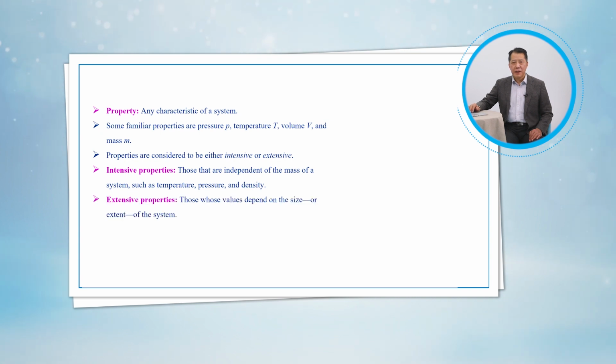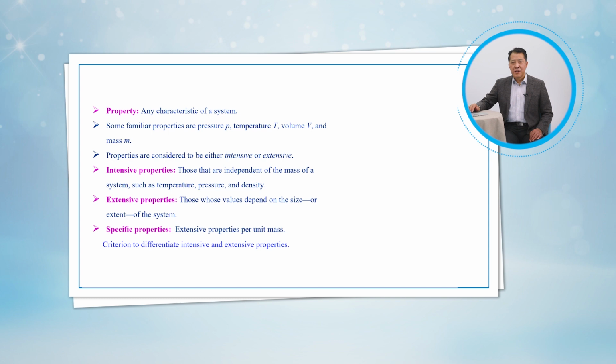Extensive properties are those whose values depend on the size or extent of the system. Extensive properties per unit mass are called specific properties. Some examples of specific properties are specific volume and specific total energy.